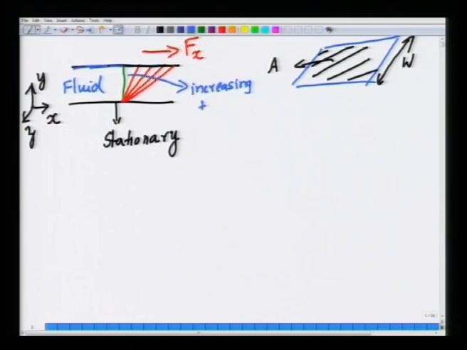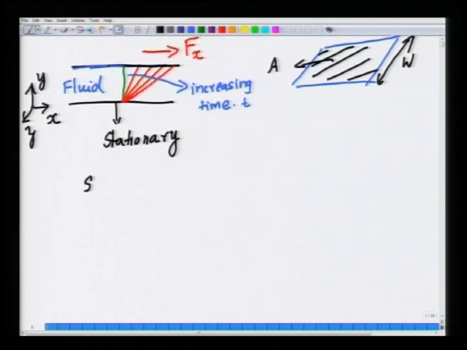As time t increases, this line will keep on tilting. So, a fluid continues to deform upon application of tangential or shear stress, in contrast to a solid which deforms to some extent and then stops deforming upon application of force.